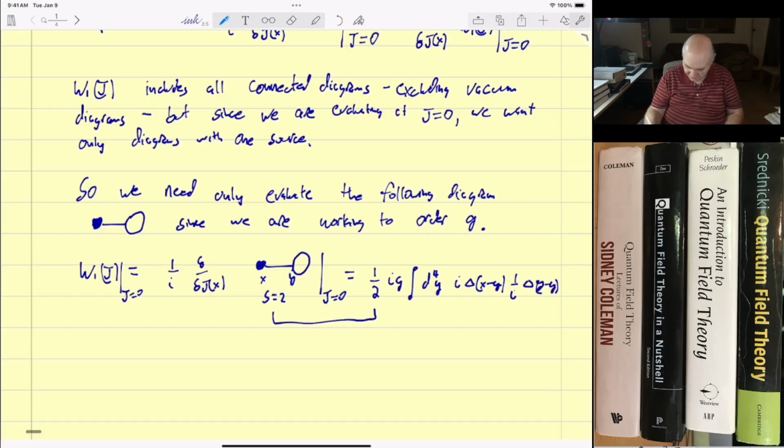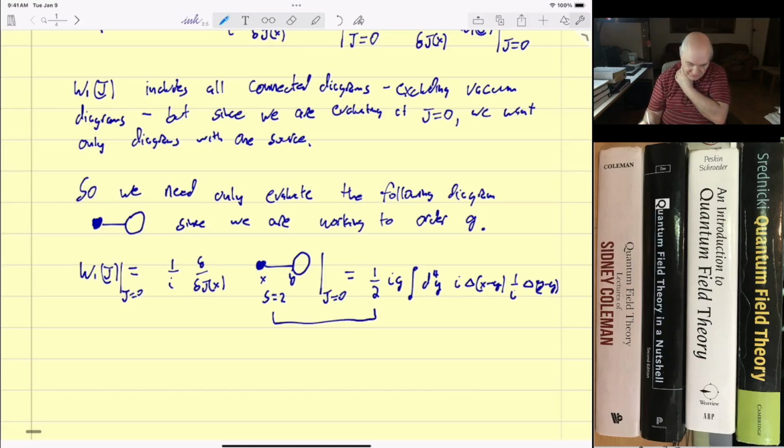We go from point y around the loop to y. I'm not going to put an arrow on that loop because these are not charged particles, so there's no direction. You can go any way you want around the loop. Antiparticles and particles are the same in this scalar theory. So anyway, this is the dictionary.